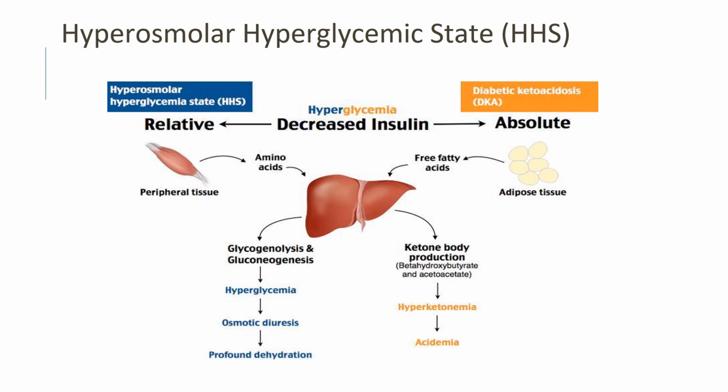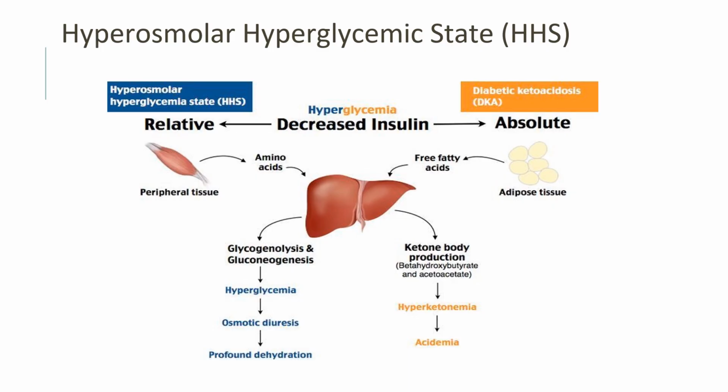You're also going to have a really high thirst that's not going to be able to keep up with the amount of osmotic diuresis that is happening. So like DKA, you're going to be dumping a lot of fluids into this patient, anywhere from 10, 12 liters. I've even seen where we've had to give even more in a 24-hour period in a person with HHS, even more than a person with DKA.